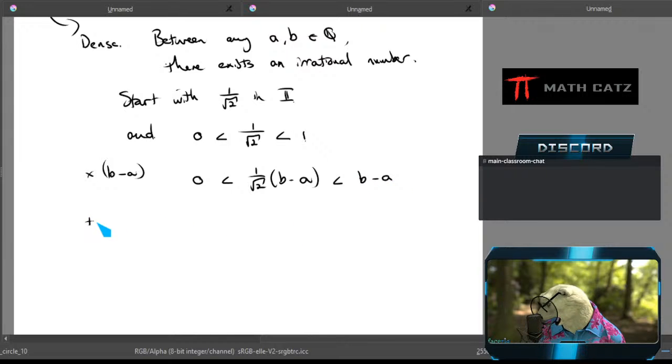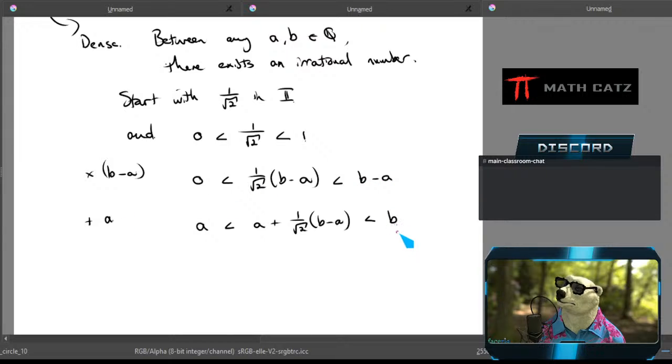And then I'm going to add a everywhere. 0 plus a. I just add, so I don't change the inequality sign. a plus this guy. And a cancels with this a, so I just have b. So I have something that's squeezed between a and b.